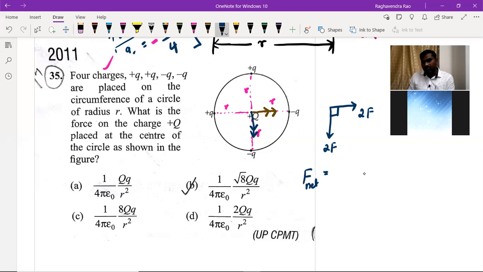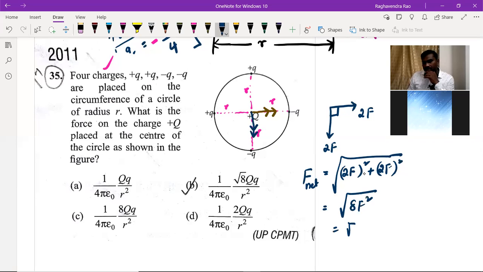Net force will be root over (2F whole square plus 2F whole square). Now 4F square plus 4F square, that is 8F square. This is root 8 into F, because forces, distances are the same, charges are also the same.